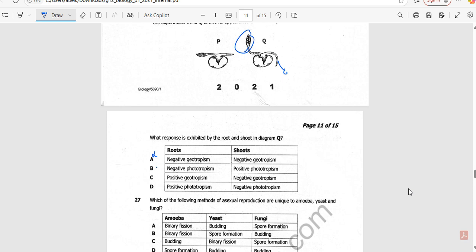Then shoots are roots, positive geotropism, yes, because it is going down, but negative geotropism, then positive phototropism is wrong, and this is wrong. Now we focus on B and C. We're looking at what is happening to the roots: negative phototropism, positive geotropism, but negative geotropism for the shoots. So we'll go with B. Our answer is B.